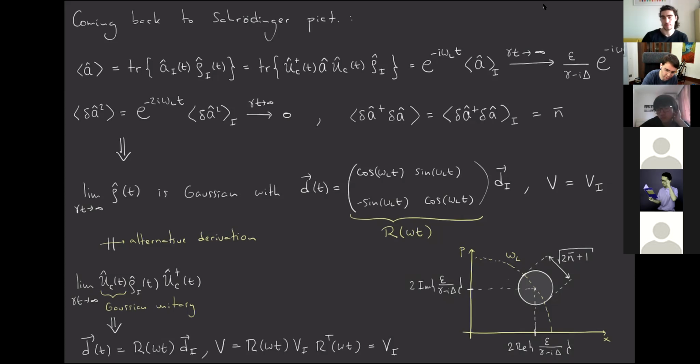I don't know why I want things to go anti-clockwise. Okay, so this is clockwise. So anyways, in any case, it's rotating in phase space. So the mean is rotating in a circle, okay? And then it has these thermal fluctuations around. So you see that either in the Heisenberg picture or in the Schrodinger picture, now you know how to solve open problems, okay?